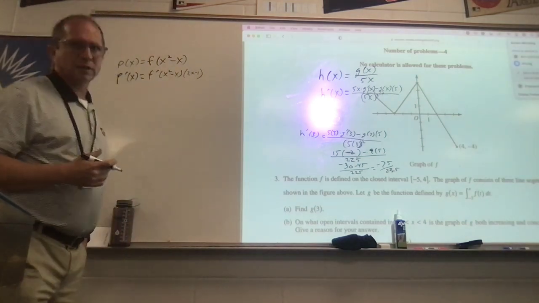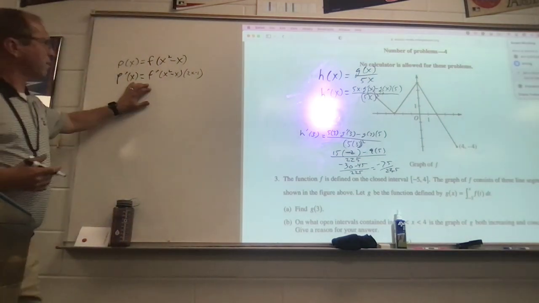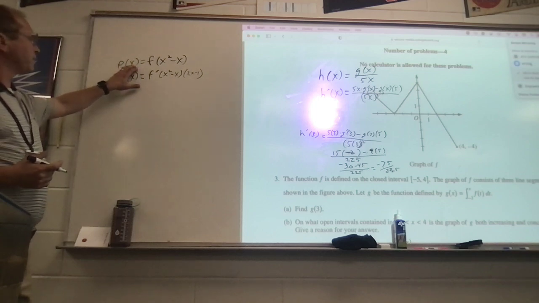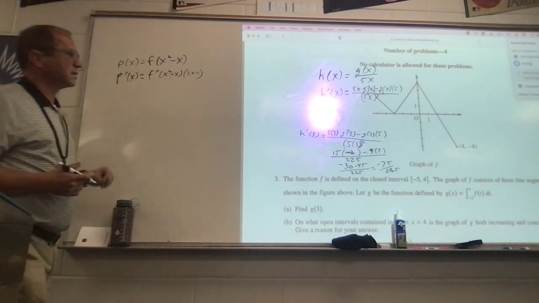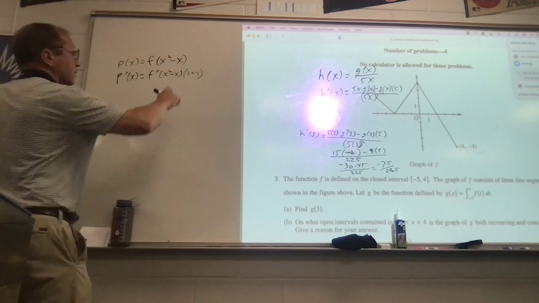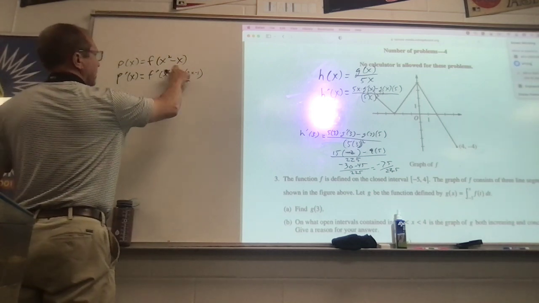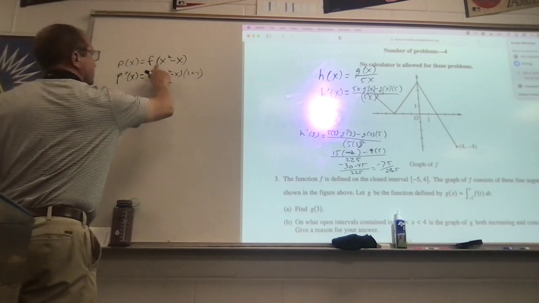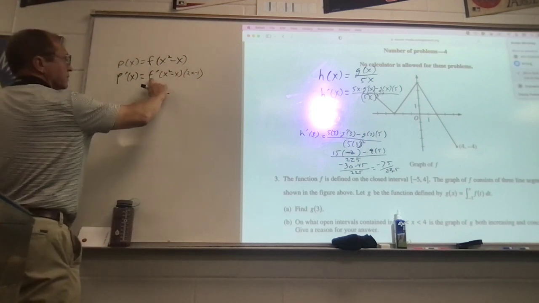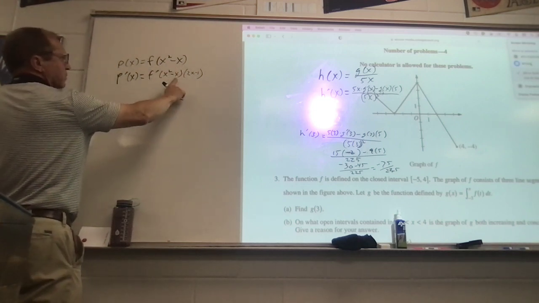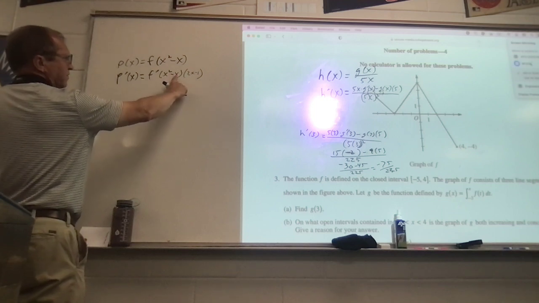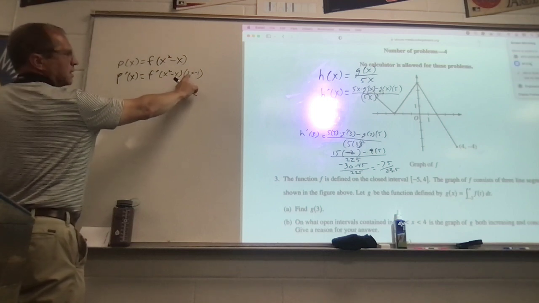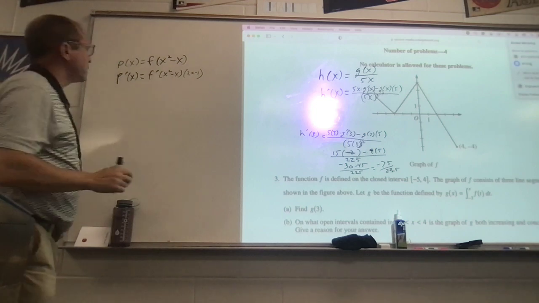Part D to this question, I have started set up right here. We've got f of x, p of x, and p of x is f of x squared minus x. So its derivative is the chain rule, so it's f prime of x squared minus x, then times the derivative of x squared minus x, which is 2x minus 1.